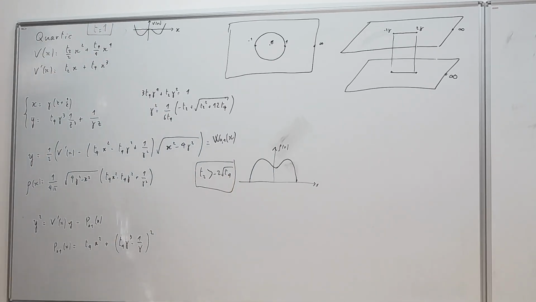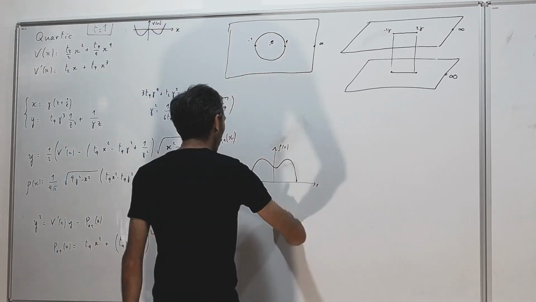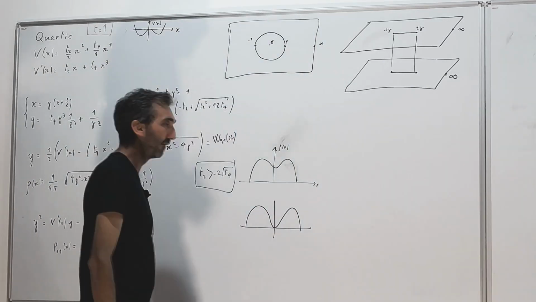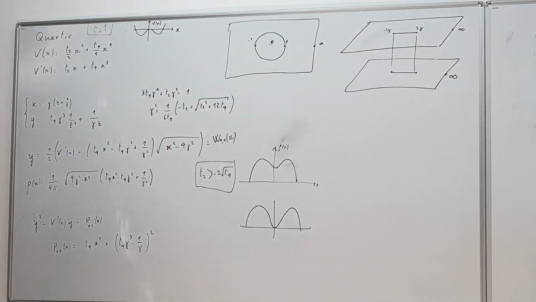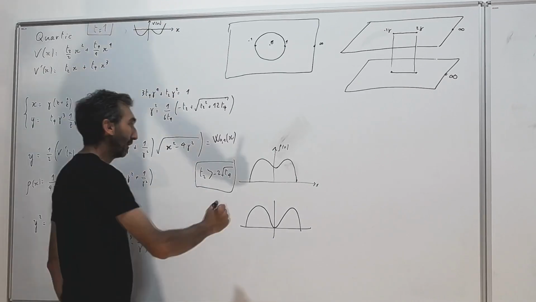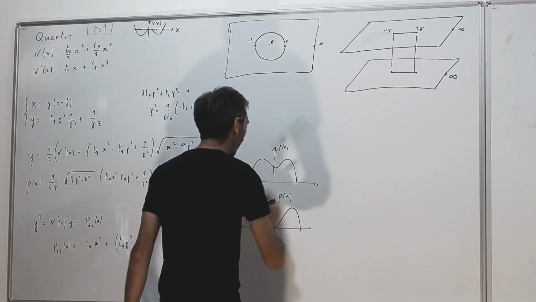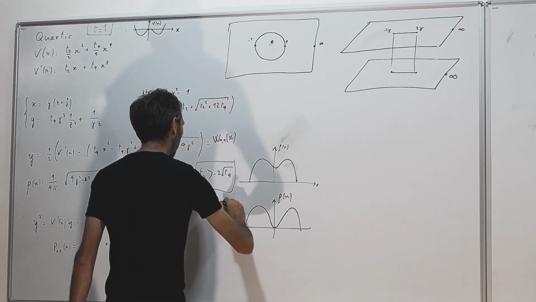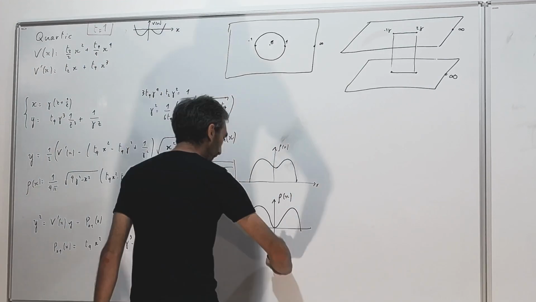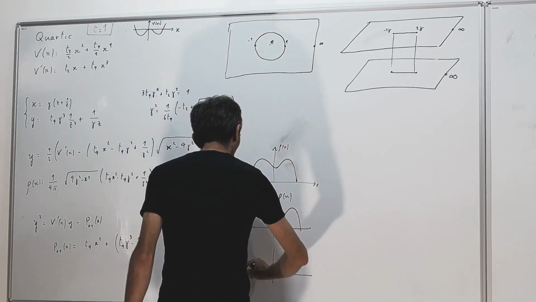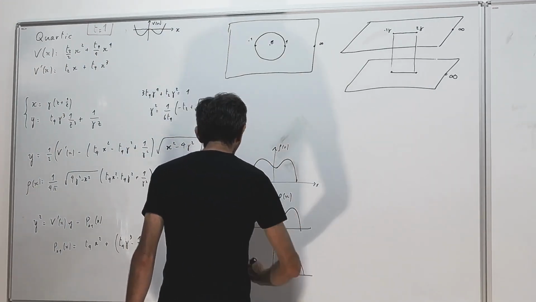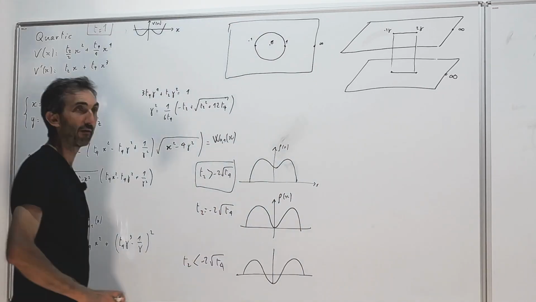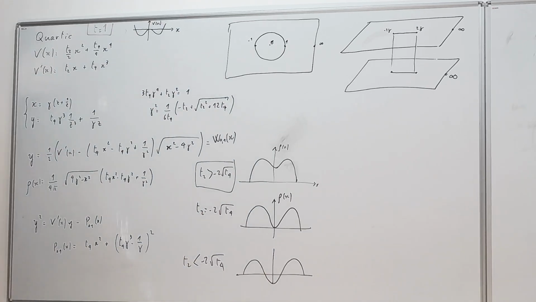What happens when T2 equals minus 2 square root of T4? It is exactly that. So it has a 0 exactly at the origin. It looks like that. It's still a positive density on the real axis. But if you would continue with T2 smaller than minus 2 square root of T4, you would find that, which is not a positive density on the real axis.